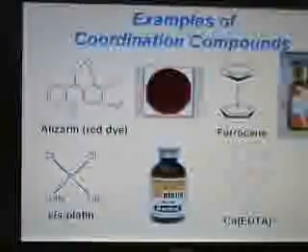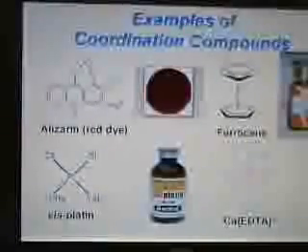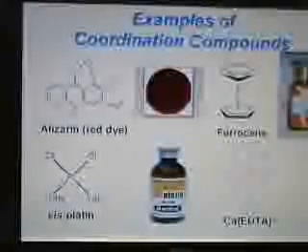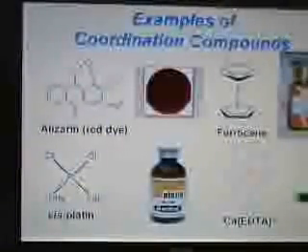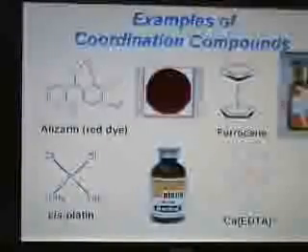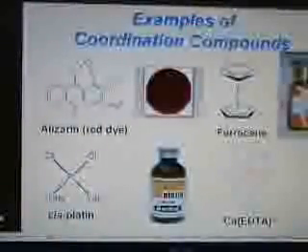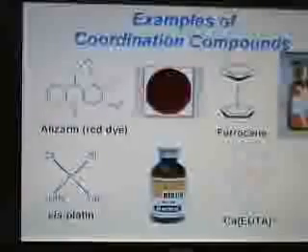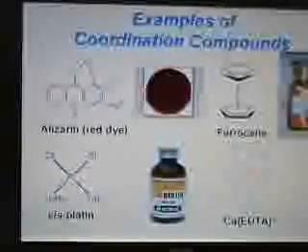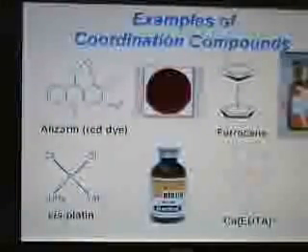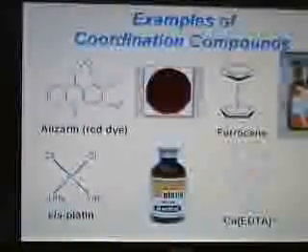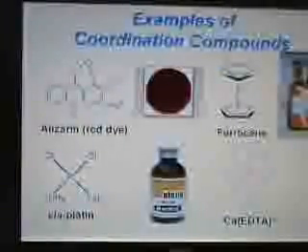This is an orangish color compound that's made in many inorganic labs. And finally, we have calcium, which is taken up by EDTA. Now, EDTA can be a poison because it can bind almost any metal cation because it has many spots that can bind to that metal center.